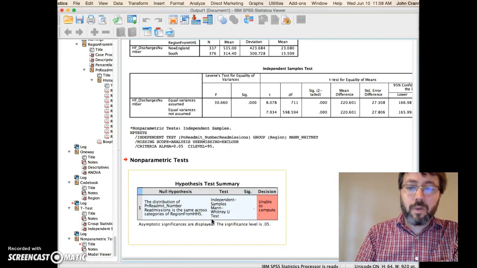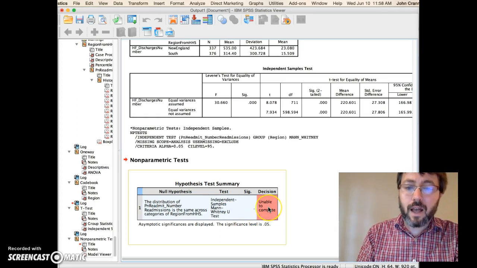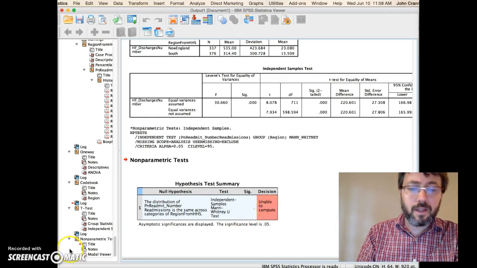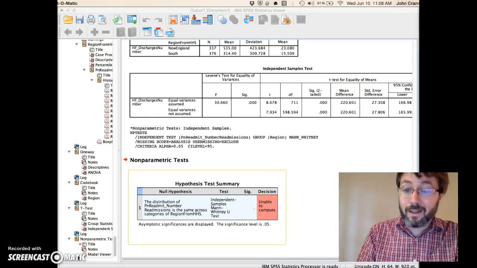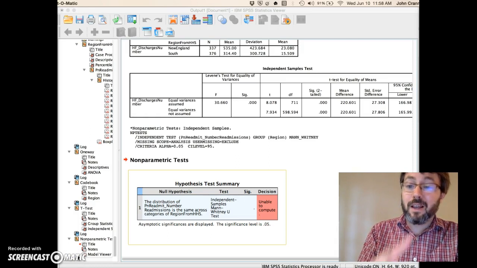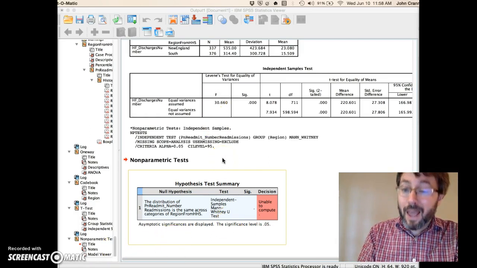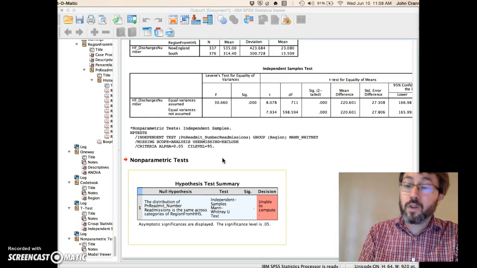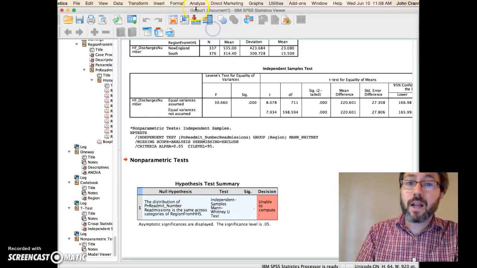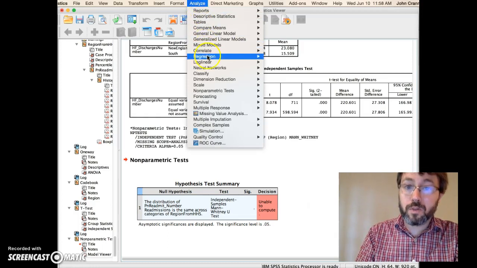Now, what we have here is that it's unable to complete the test. So why is that? That's because we've selected a two-group comparison, the Wilcoxon rank sum or the Mann-Whitney U-test. But what we want to do now is, instead of comparing the two groups like we did before, we actually want to compare all groups.